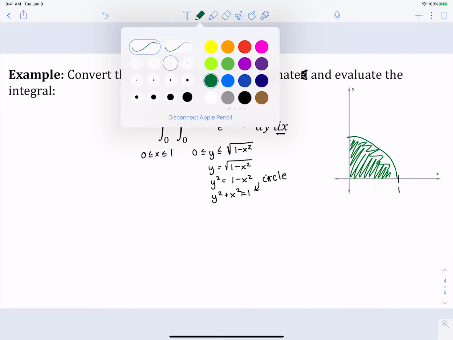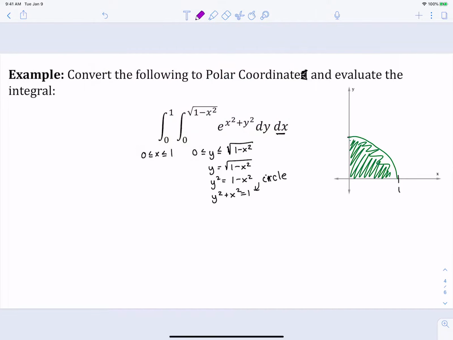So with this, we want to look at what our limits of integration would be in terms of r and theta. So r is starting at the origin and going out until it hits the edge of that circle. So r is going to go from 0, because if you're sitting at 0, 0, you're 0 units from the origin, and it's going to go out to a length of 1. Theta is again how much of an angle we make starting from the positive x-axis. So theta starts with an angle of 0, and it goes to pi over 2 because it goes to the positive y-axis.